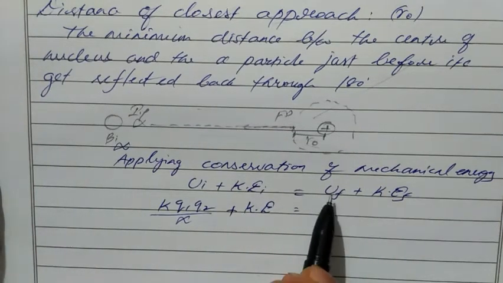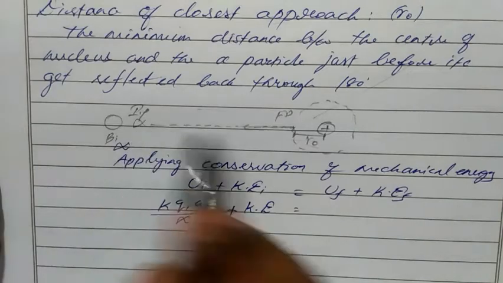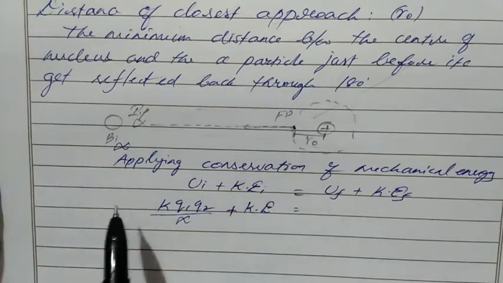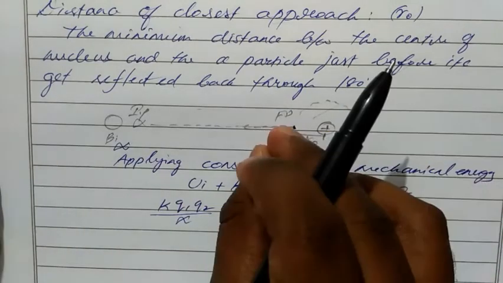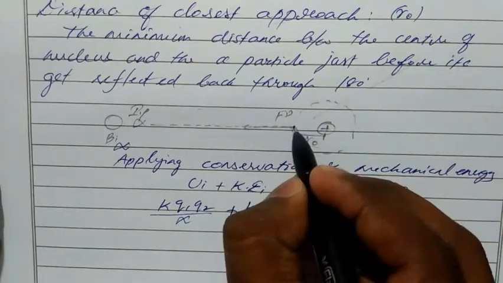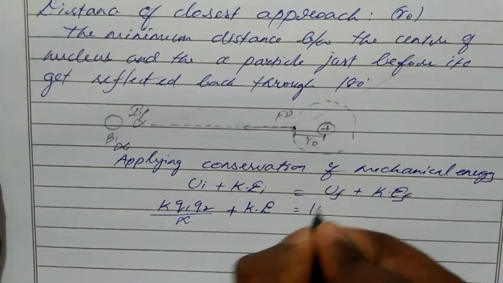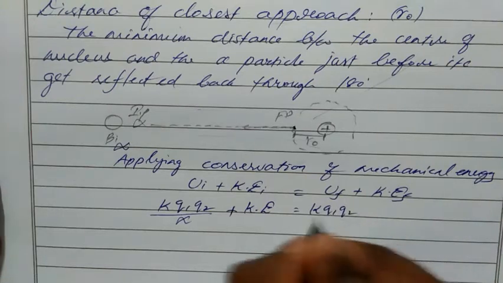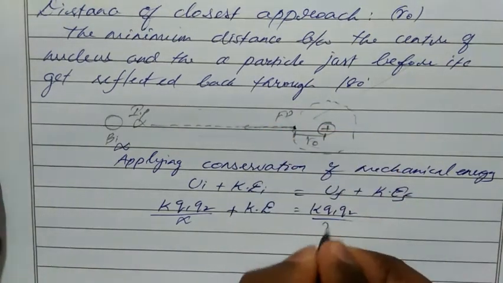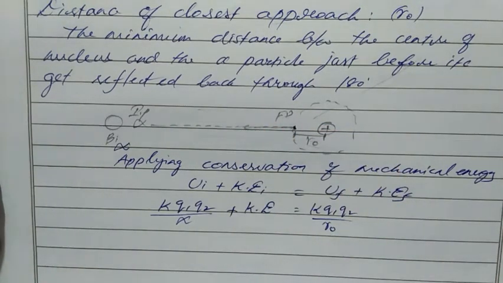Then what is the final potential energy? When it reaches here, positive charge, it almost stops. So the final potential energy here we get kq1q2 divided by R0, the closest approach.